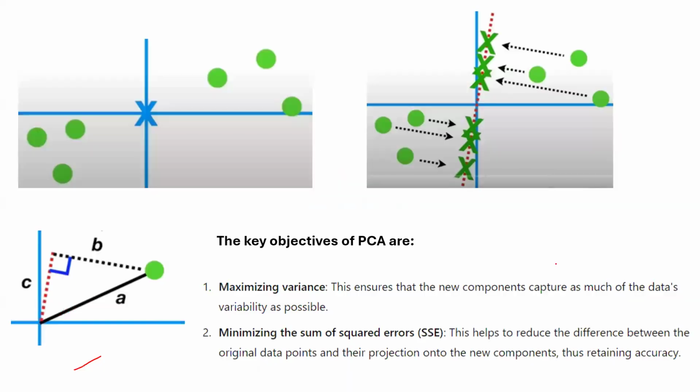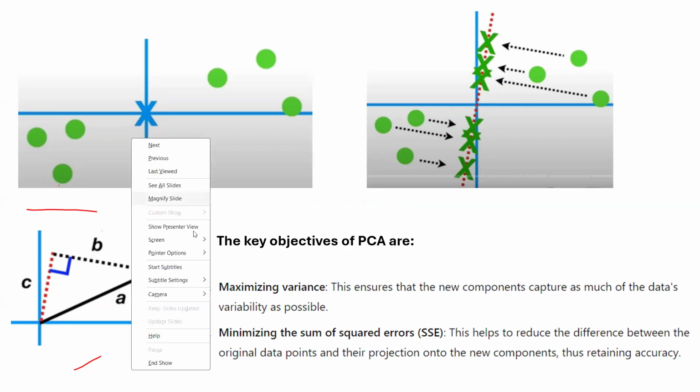Now the second step, and this is very important, is the key objective of principal component analysis. You have to understand this very clearly. This is our new standardized data set, right? All that we are trying to do here is find the new dimensions.